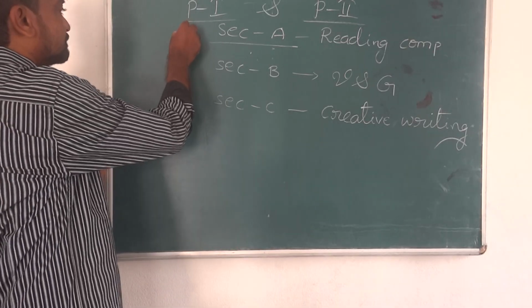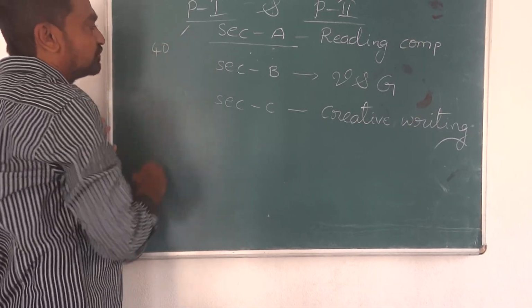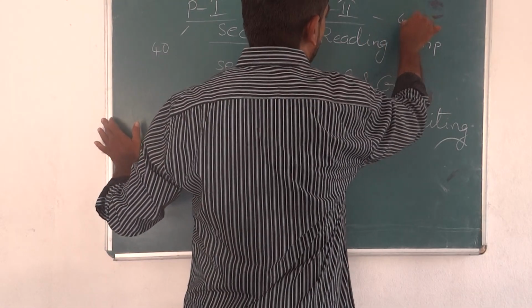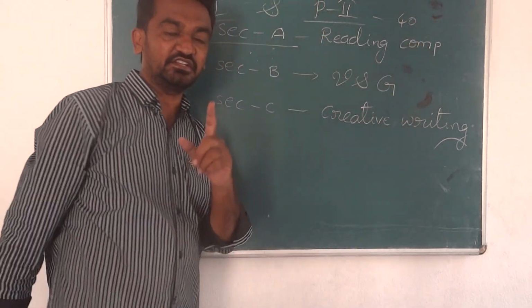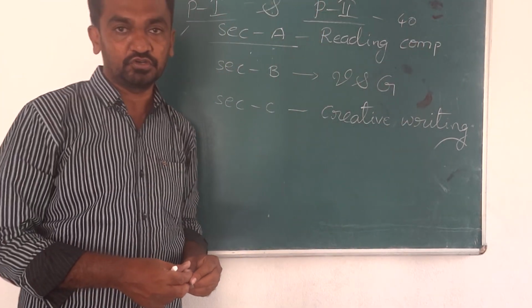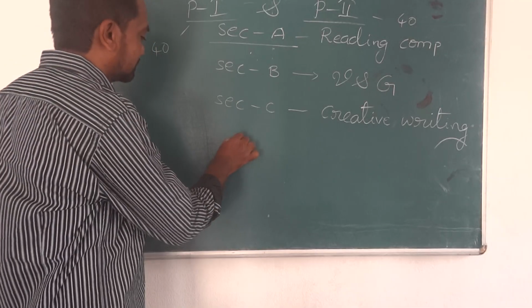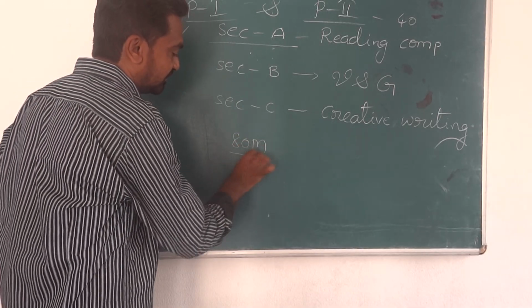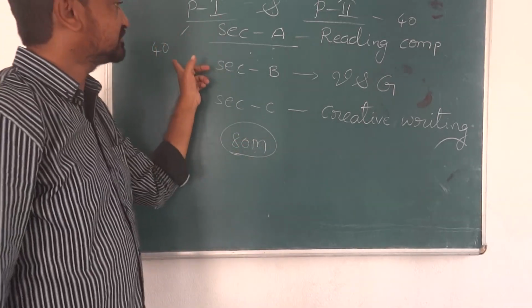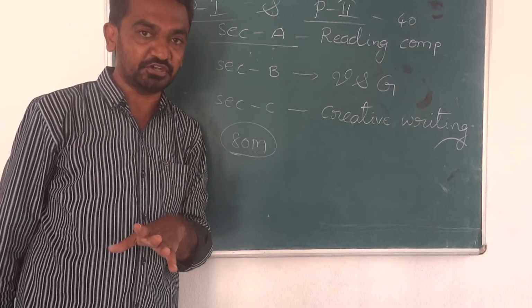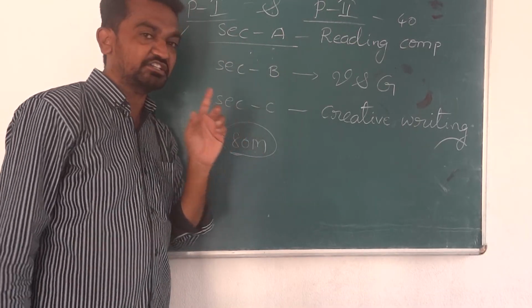Paper 1 carries 40 marks and paper 2 also carries 40 marks. Both papers carry the same number of marks. Total 80 marks.